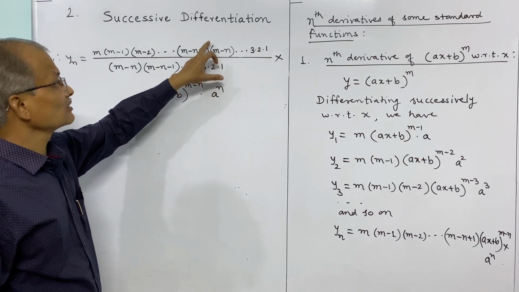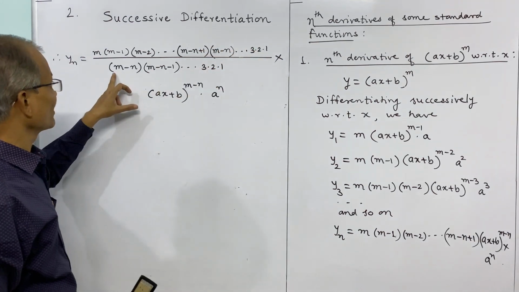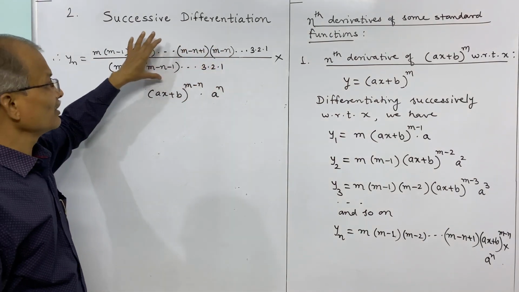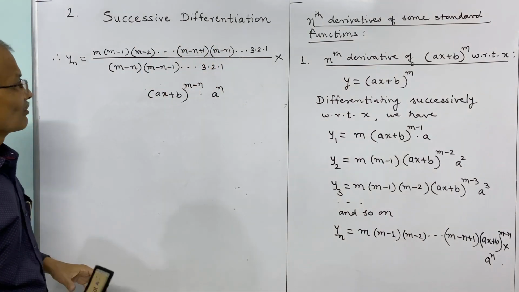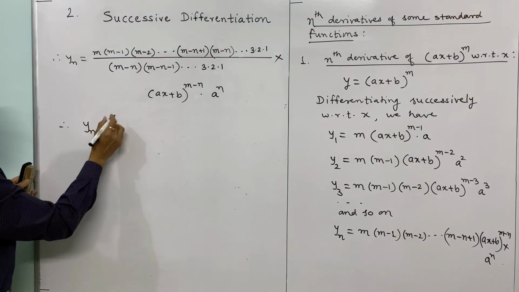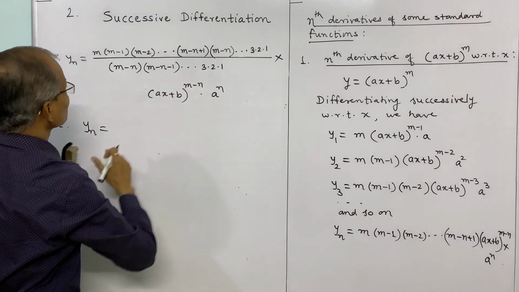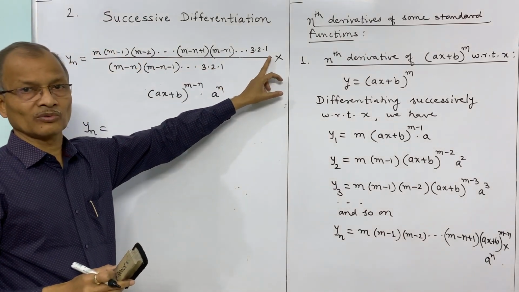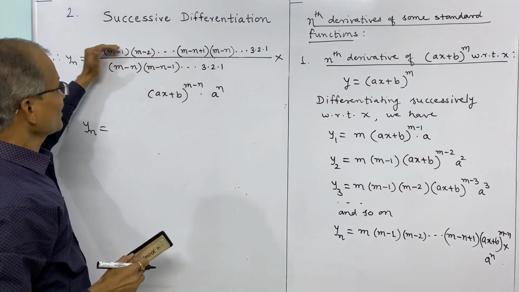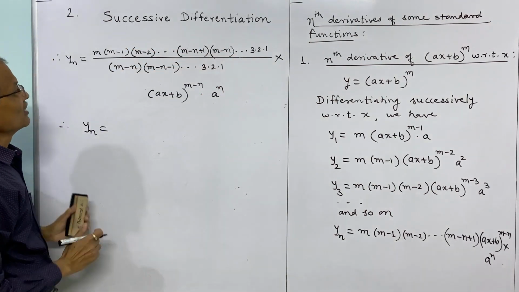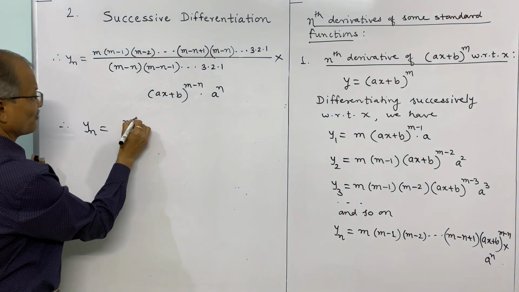These are the extra terms, and we have divided by the extra terms, so the value remains the same. So you should know why we have written like this, and now we can write yn equal to, so this product starting with m in decreasing order and continuing up to 1 is m factorial, in factorial notation.